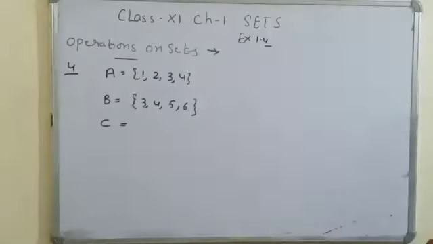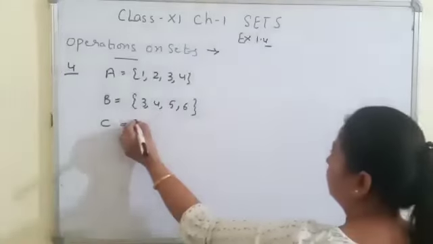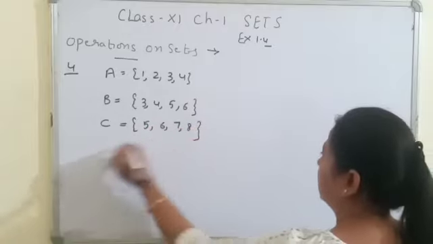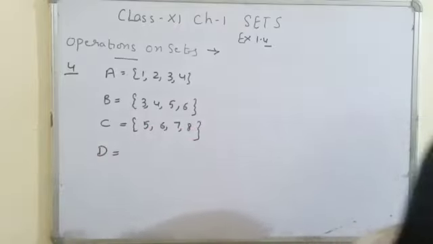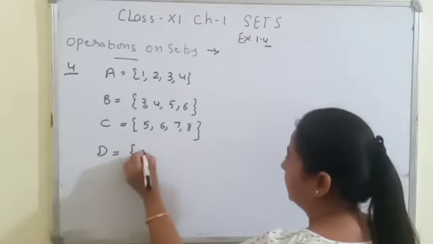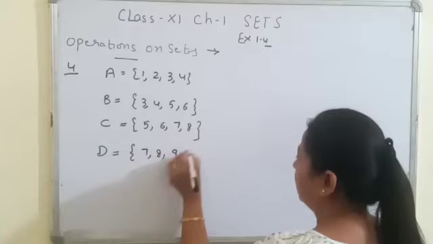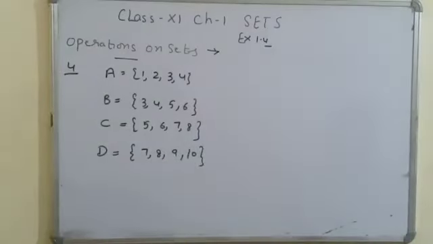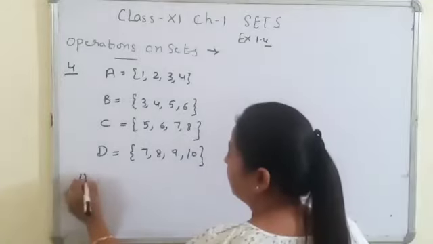Set C is 5, 6, 7, 8. Set D is 7, 8, 9, 10.